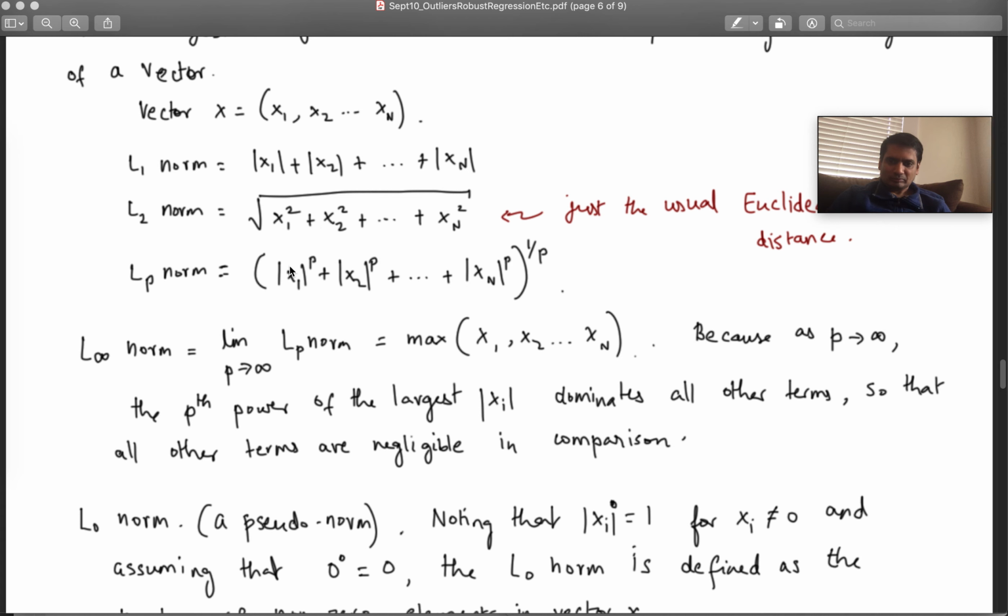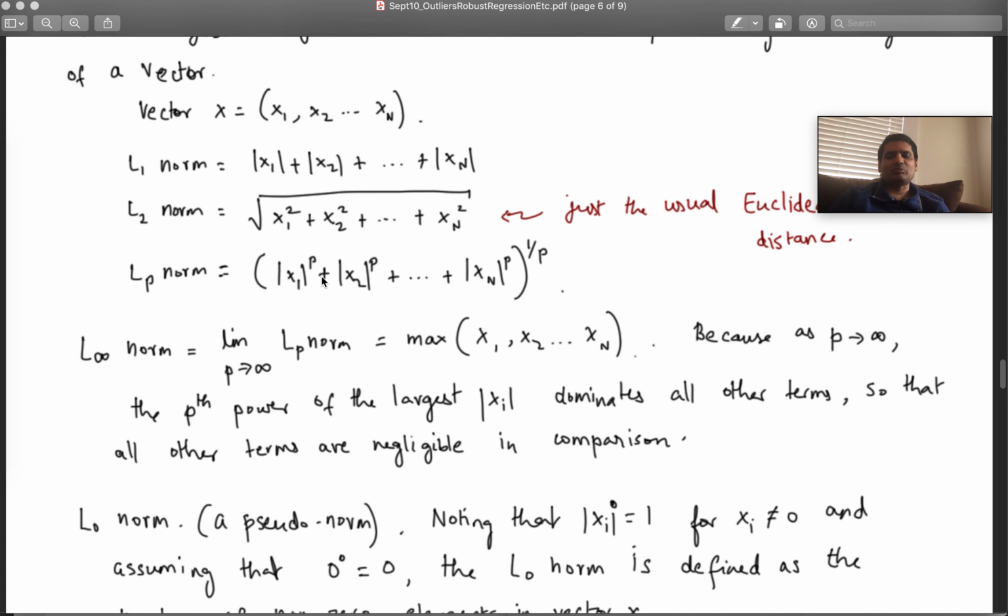If you think about it, if you raise each of the xi to a very, very large power, basically p tending to infinity, what will remain in the sum is the largest element.